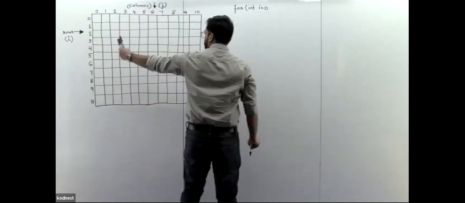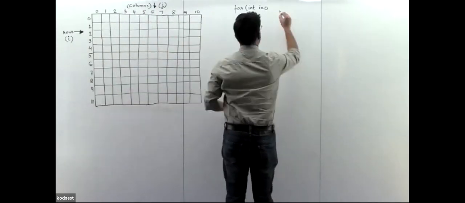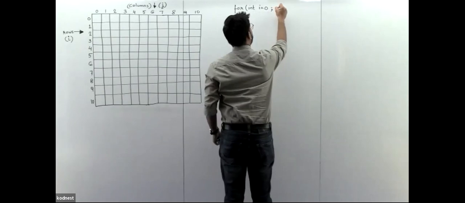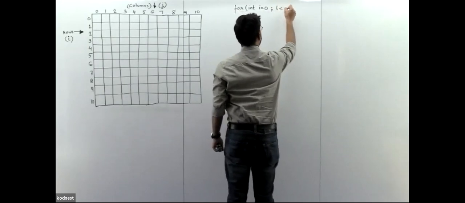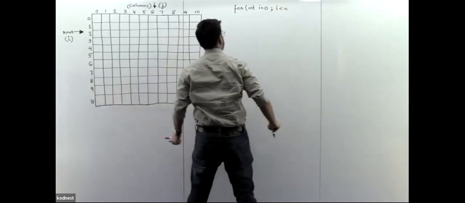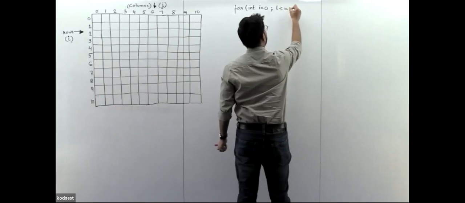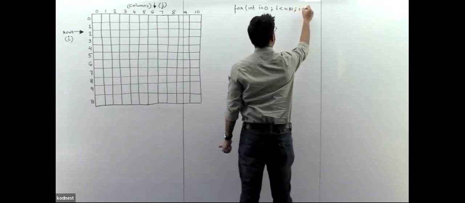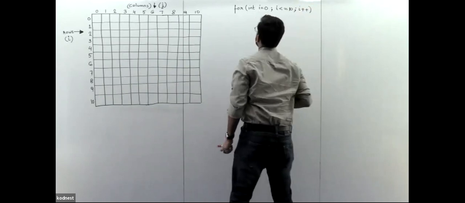So I will write here for int i equals to 0th row. Next, i less than or equal to 10. Next, i plus plus.